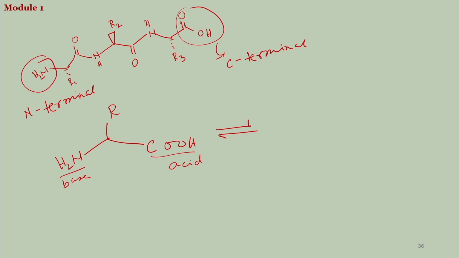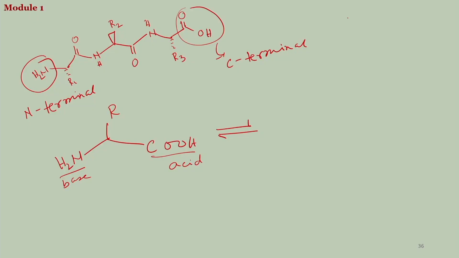what do you get? For example, if you mix HCl and sodium hydroxide, then immediately you will get a salt, sodium chloride, and water. HCl is a strong acid and sodium hydroxide is a strong base; if you mix them together, you will get sodium chloride as the salt plus water. So, acid and base together cannot coexist, they will form a salt immediately.